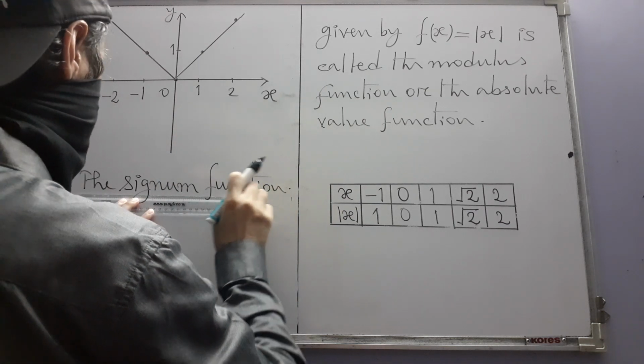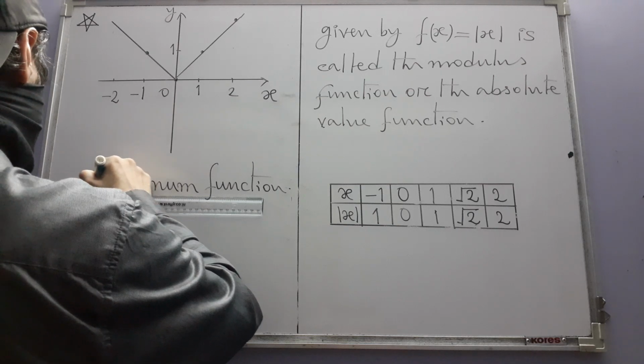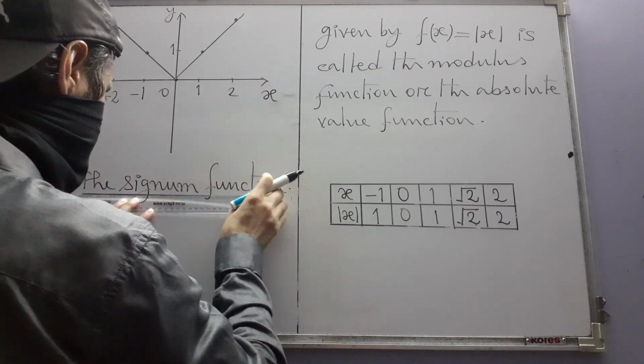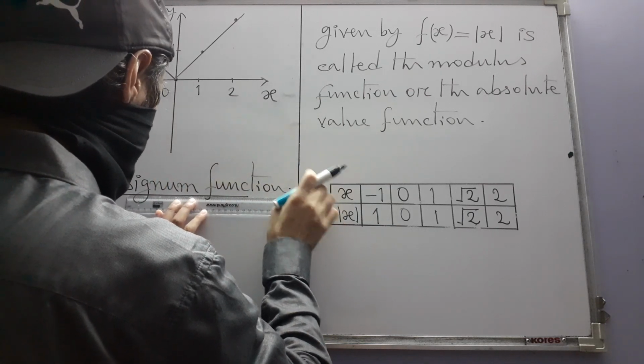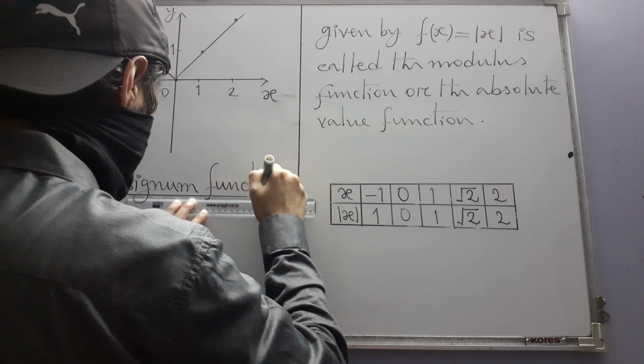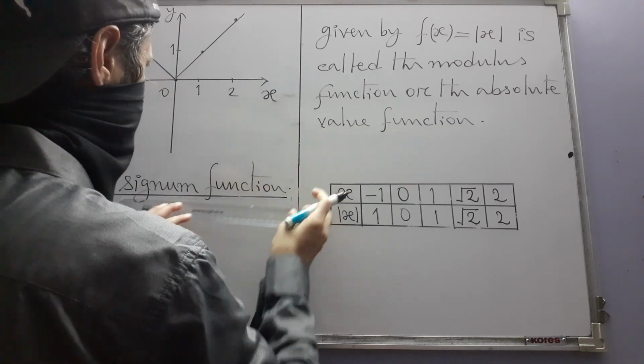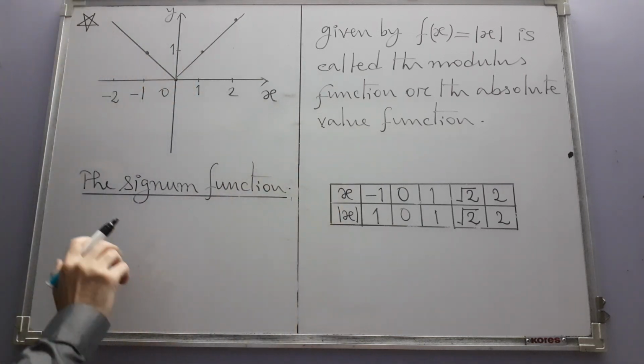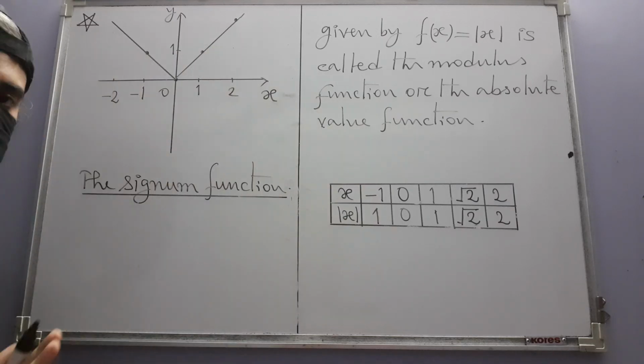Note that unlike a rational function whose domain needs to be chosen carefully so that we don't end up dividing by 0, for the absolute value function the domain is the entire set of real numbers. There is no problem.